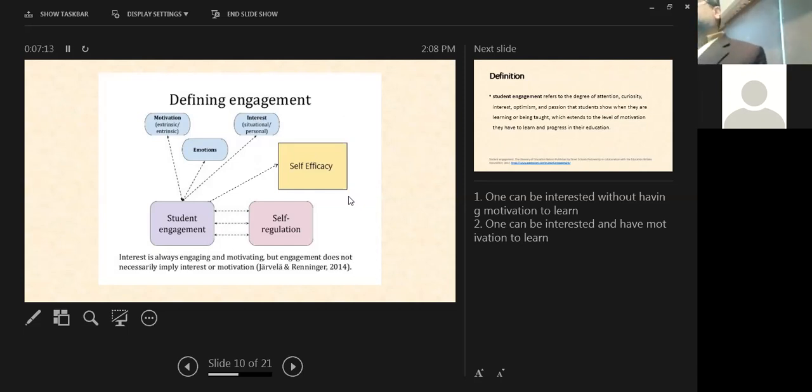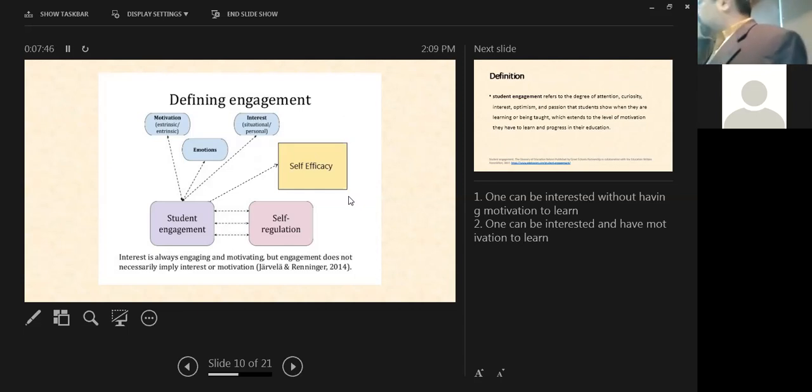Having that self-efficacy itself enhances motivation and student engagement in the activity, because if you know that you can do something, you're going to take more interest in it. If you perceive it's going to be difficult and beyond your capabilities, you're probably not going to engage with it. So things have to be challenging, but just at the right amount, for the activities to be engaging.